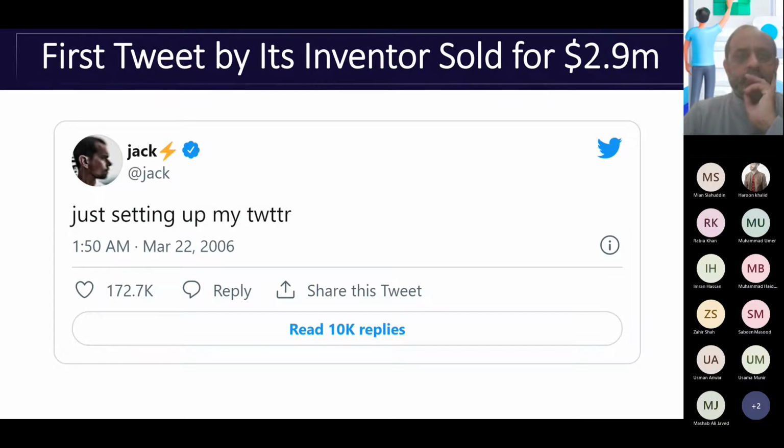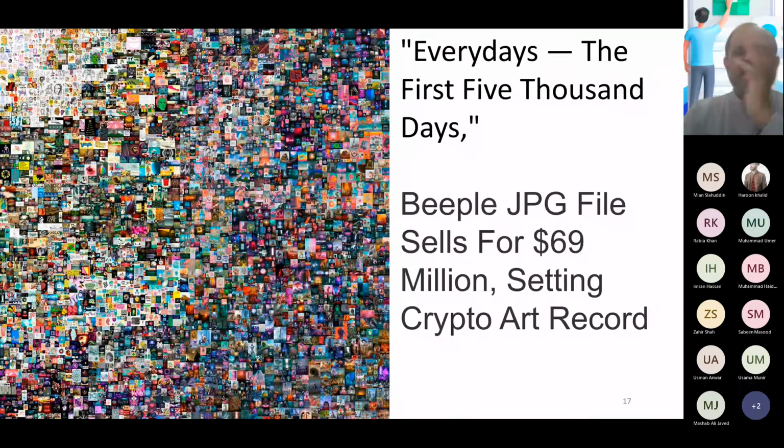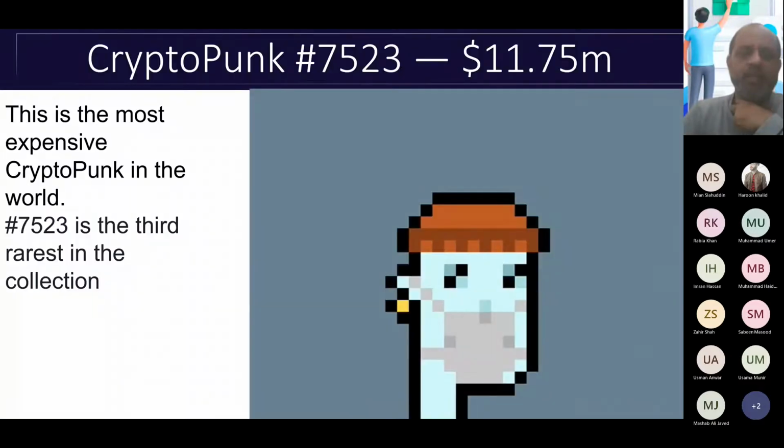So this is the first tweet by Jack Dorsey, sold for $2.9 million. Remember this JPEG image, which says first 5,000 days, sold for $69.5 million. This is the most expensive CryptoPunk, and last time we spent a lot of time learning about why CryptoPunks and the essence, what motivated this programmer to write a program which could create these CryptoPunks, and people are giving a lot of value.